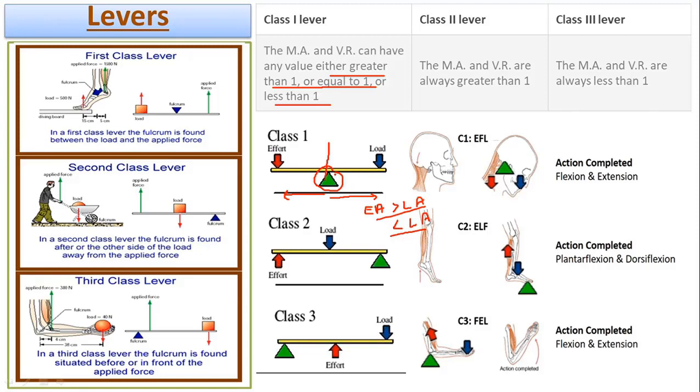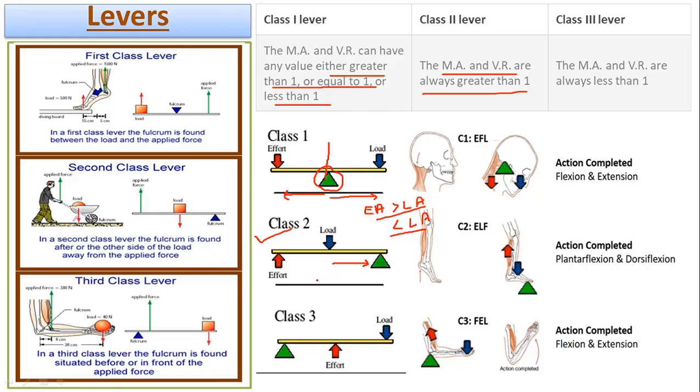But in the case of class 2 lever, we observe that the mechanical advantage and velocity ratio are always greater than 1. It means that it is always a force multiplier because the load arm is always less than the effort arm.